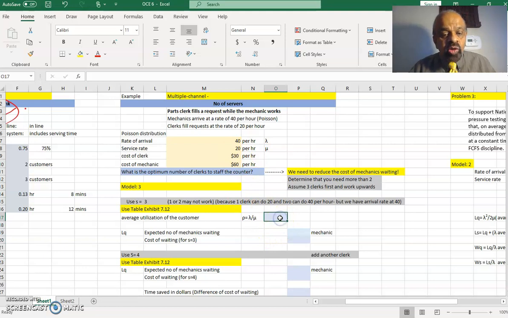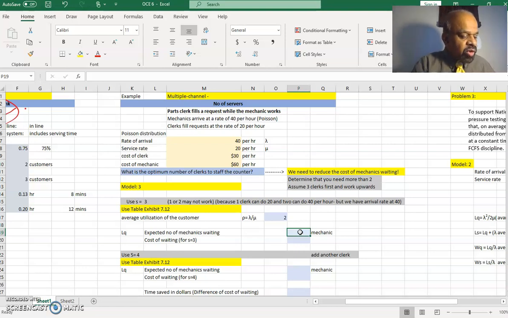The average utilization, which is rho, is going to be equal to lambda over mu, which is 2. The LQ can be gotten from figure 7.12.